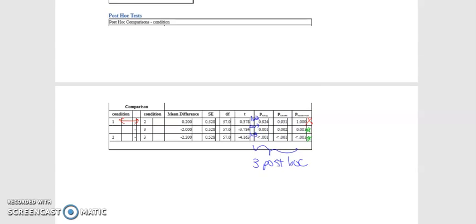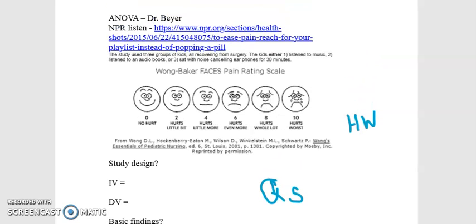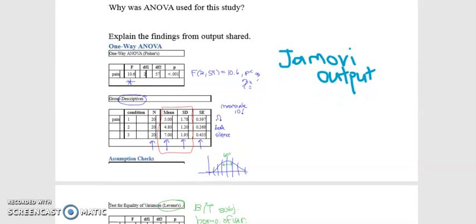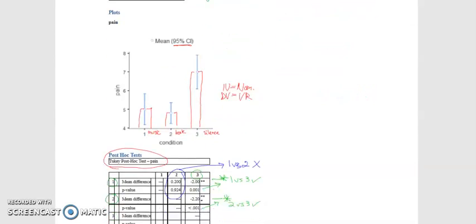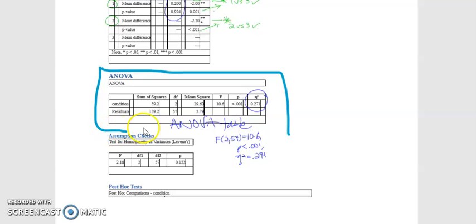This output connects to, and you'll see this as a handout, your homework. The other part of your homework is an ANOVA table. I have a video of that, but it really is this table right here. You're going to be doing those formulas. So this divided by that equals that, and this divided by that equals that.